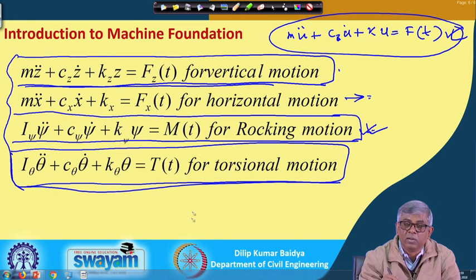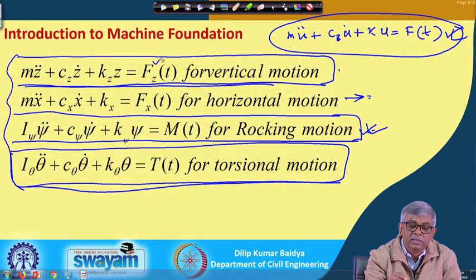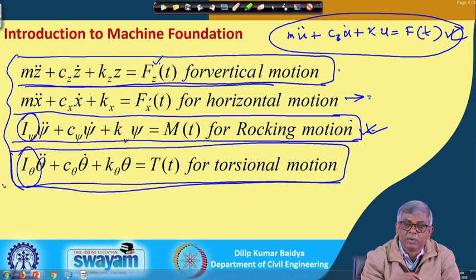Now, we can solve all the equations in a similar way. The only thing is that in these 2 cases mass was there, but here we have the second moment of area for rocking motion and the mass moment of inertia for the torsional mode. Those parameters I will discuss later on.